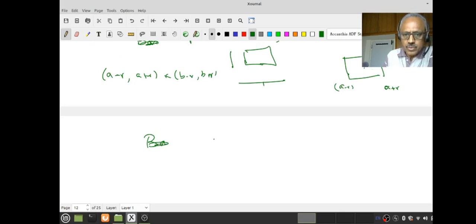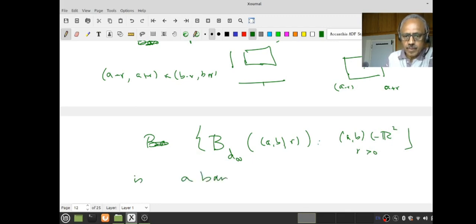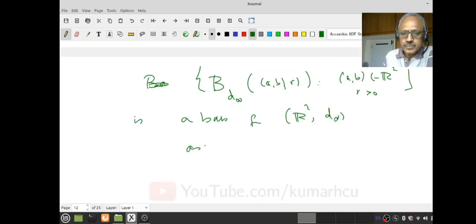So this is the D infinity metric open balls B((a, b), r), this collection, (a, b) in R^2 and r positive, this is a basis for R^2 with the D infinity topology, as well as R cross R with the product topology.